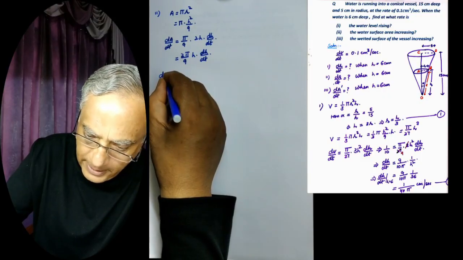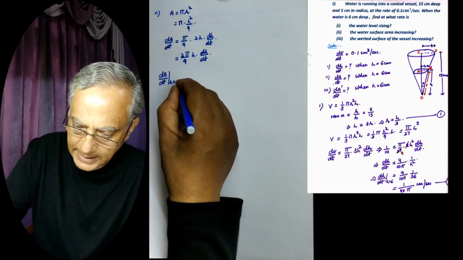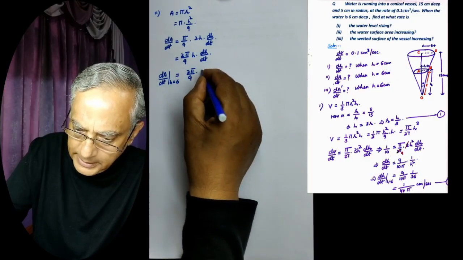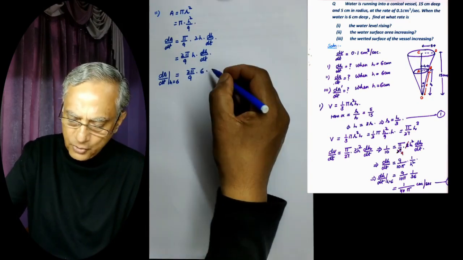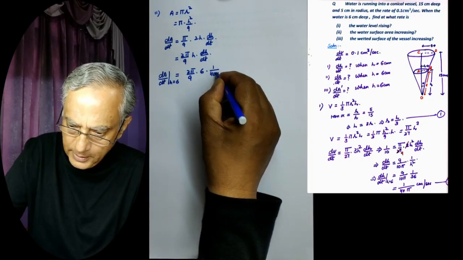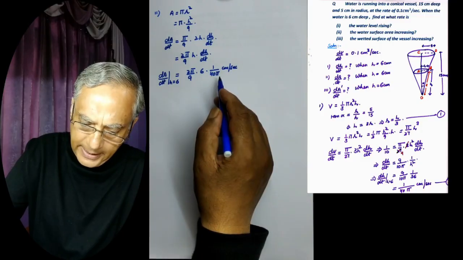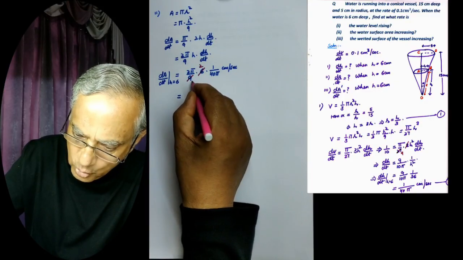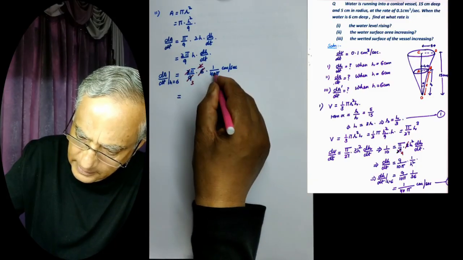Now dA by dt at h is equal to 6 centimeters is 2 pi by 9 into 6 into dh by dt at h is equal to 6, which we have solved in the first part, this will be equal to 1 by 40 pi centimeters per second. 3 2s are 6, 3 3s are 9, 2 2s are 4, this cancels with this.